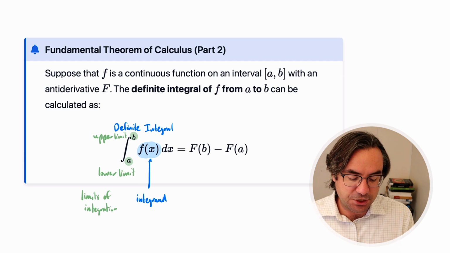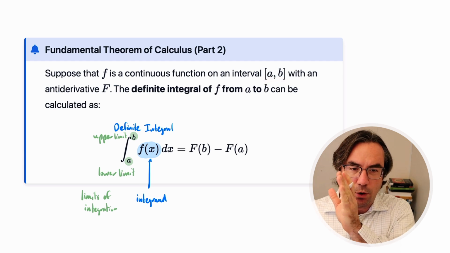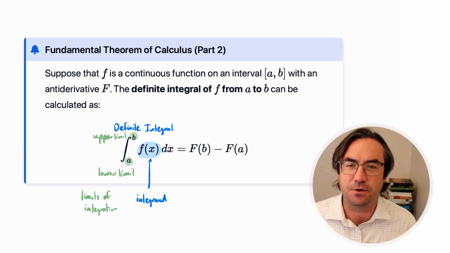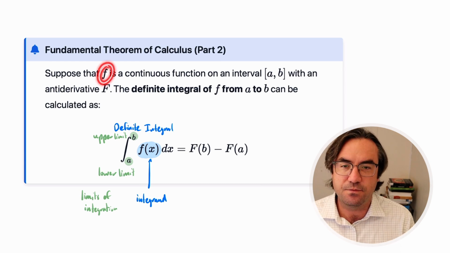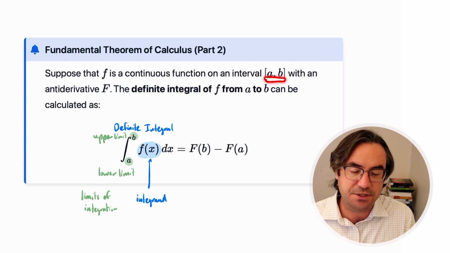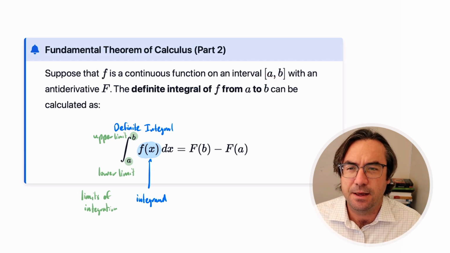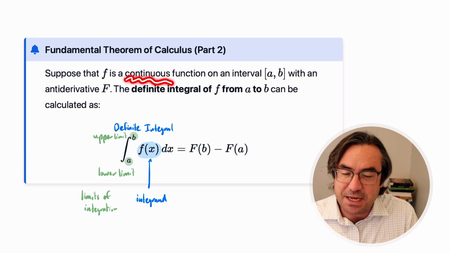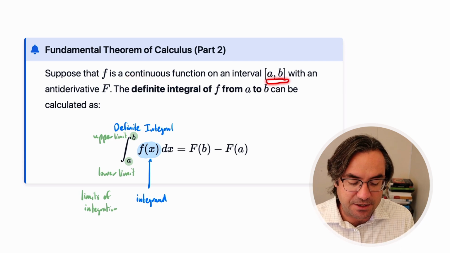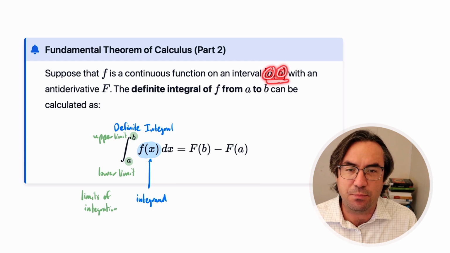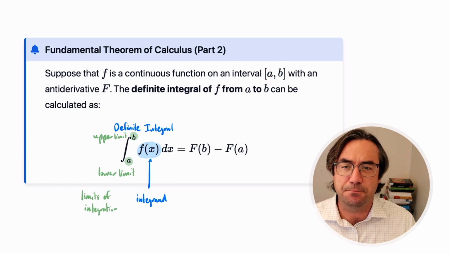We're looking at the values of our function throughout this entire interval. And so we need the function to be continuous on that entire interval, not just at the endpoints. It has to be continuous everywhere.